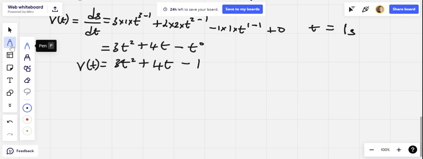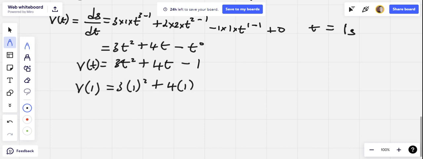So our velocity at time t equals 1 will be what? 3 times 1 raised to the power of 2 plus 4 times 1 minus 1, which equals 1 times 1 is 1 times 3, plus 4 minus 1. 3 plus 4 is 7, minus 1 is 6. 6 meter per second.